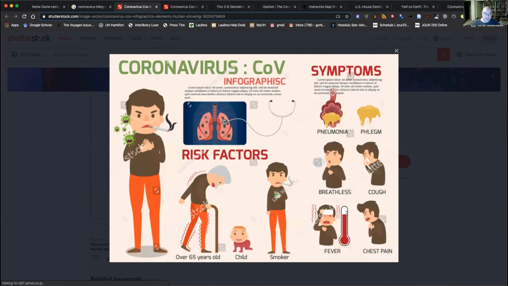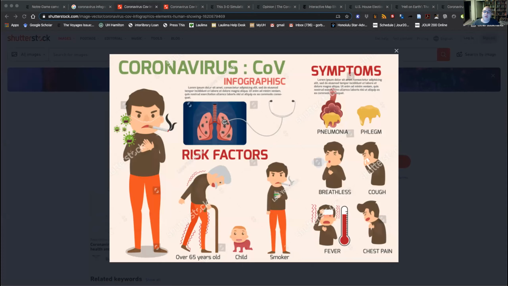So that's one thing to keep in mind in terms of just understanding what they are: infographics can range.